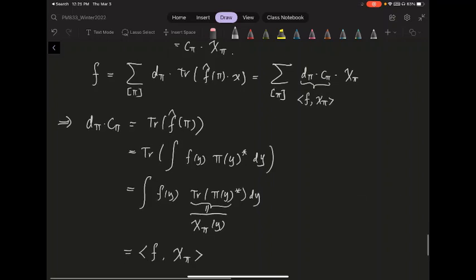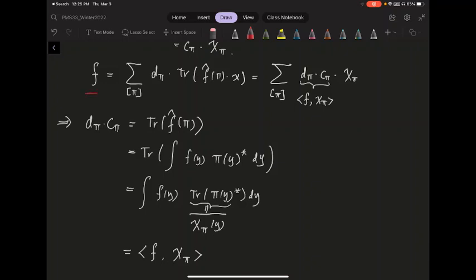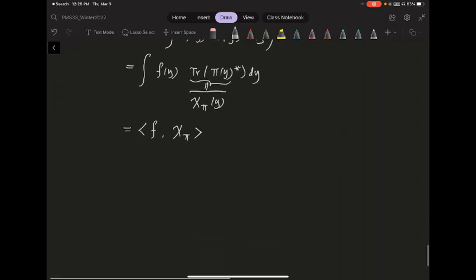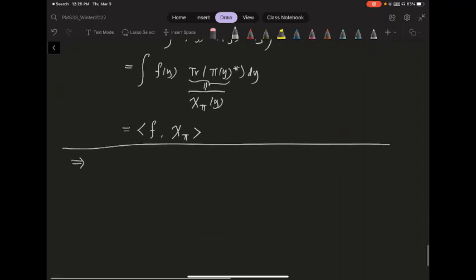So what we have is that this formula here, the f can be written as a summation of f inner product with this chi pi, all of these irreducible chi pi's, multiplied by chi pi, and that formula just tells you chi pi is an orthonormal basis, okay? Only an orthonormal basis can do such a thing, okay? So that just implies the chi pi is an orthonormal basis for the center Z of L2 of G, okay? So that just finishes this proof.